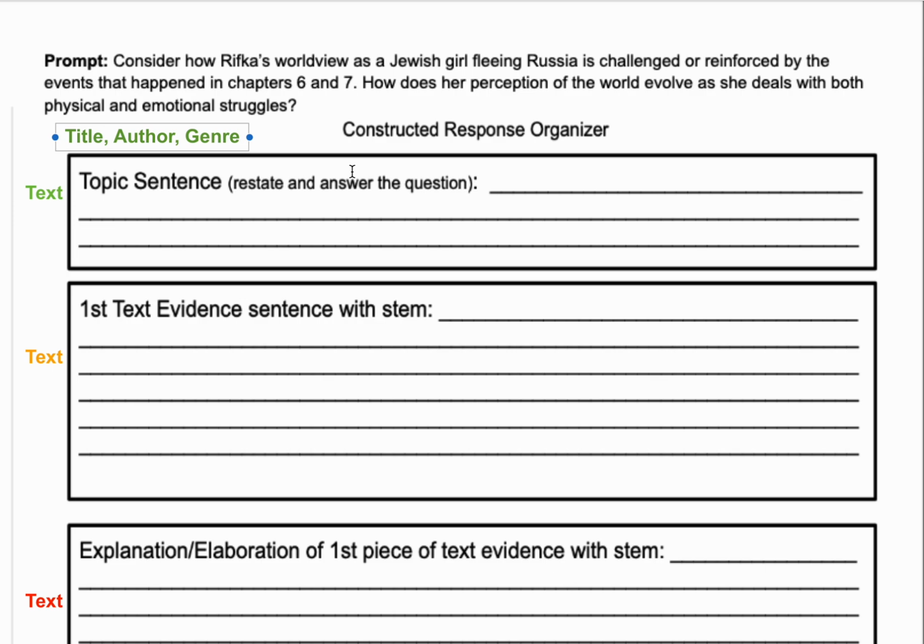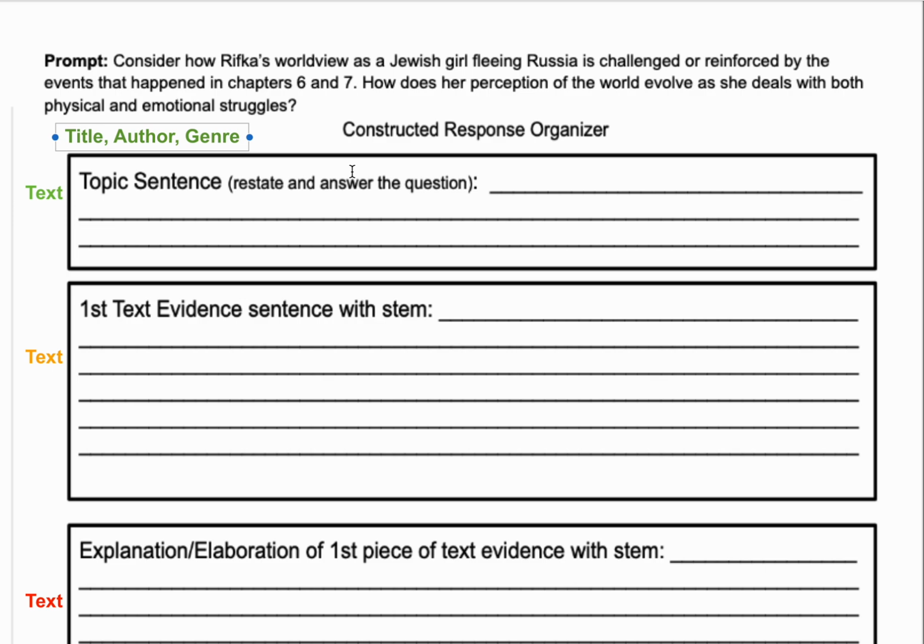Somebody is kind of pushing against it. If it's being reinforced, that means that somebody's showing you, yep, you're right. It's proving it, okay? And in the second sentence, it says, how does her perception of the world evolve as she deals with both physical and emotional struggles? Her perception is her view, and evolve is to change, okay?